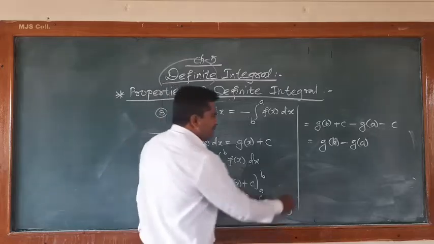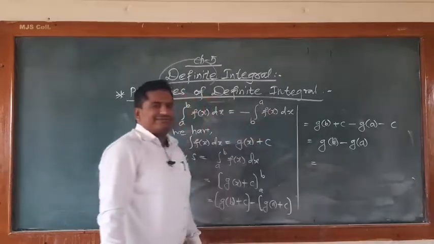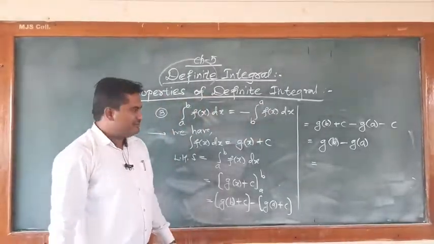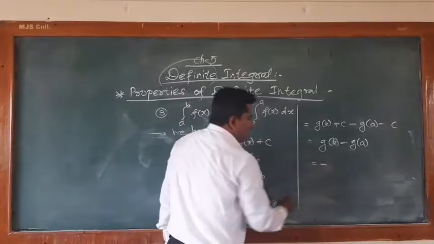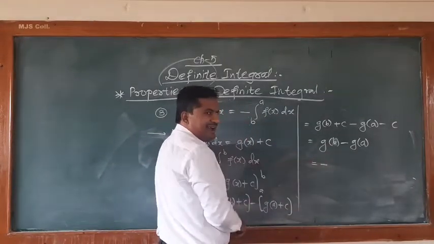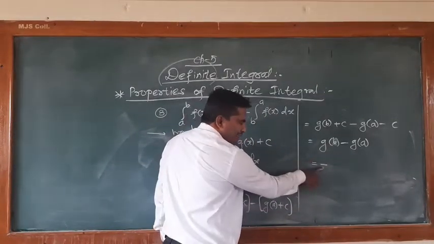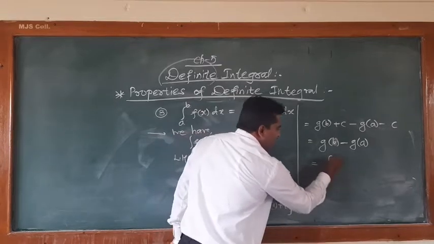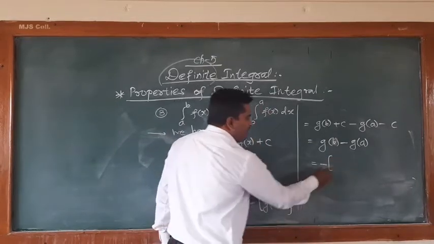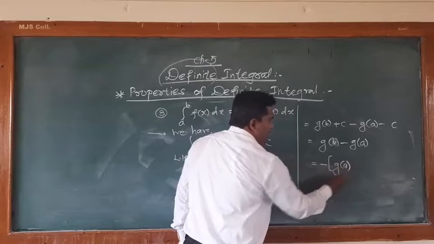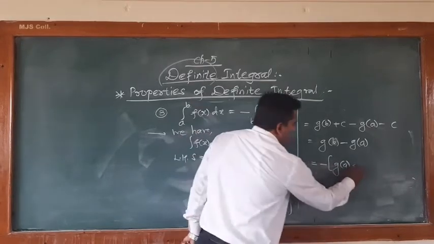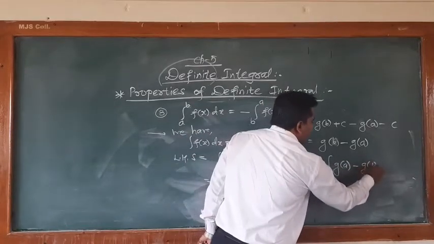But we can take the minus sign as common to change lower bound and upper bound. If we take the minus sign as common, then we get g of a minus g of b.